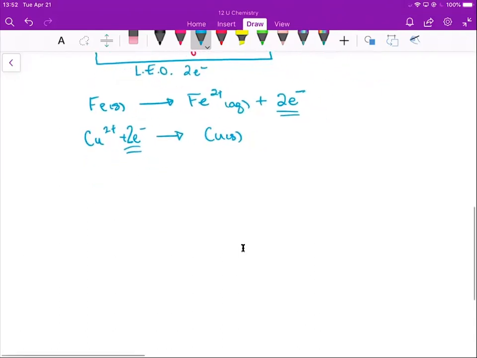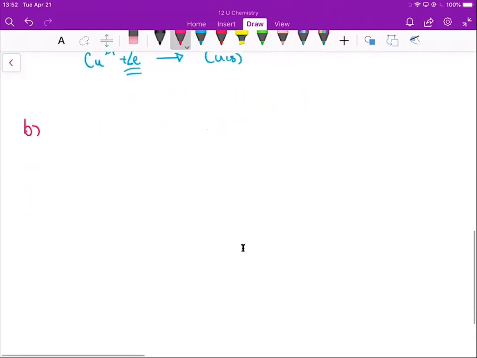So let's see. The next example, 6b, we're going to have to use coefficients. So we have cadmium reacting with silver.